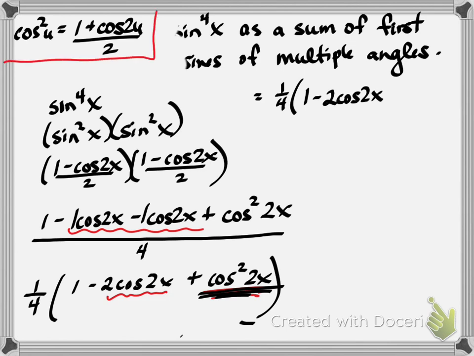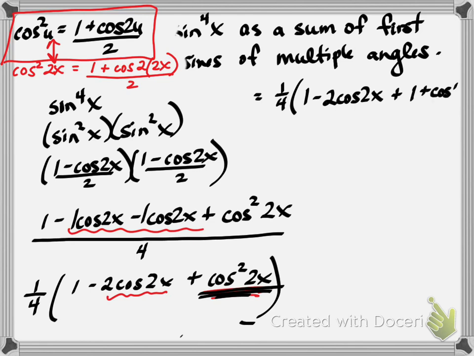So if you can focus in on this formula, we have cosine squared 2x. So when we run it through this formula, it's going to be 1 plus cosine 2 times our u. So 2 times 2x over 2. So I'm going to write down plus 1 plus cosine 4x over 2.